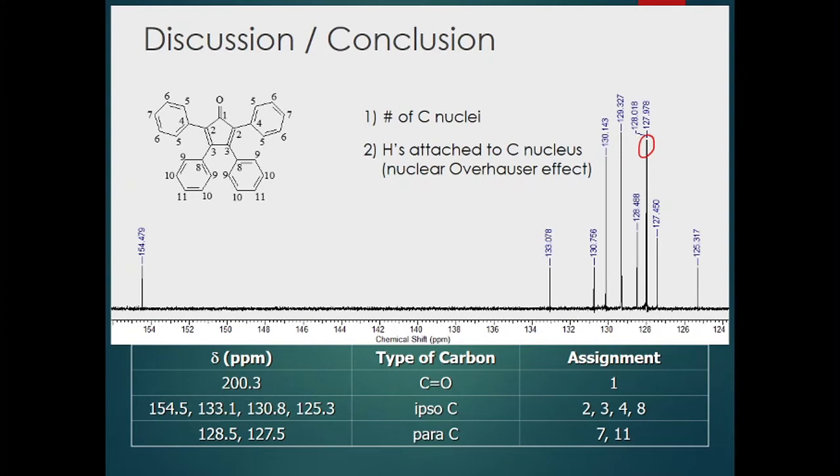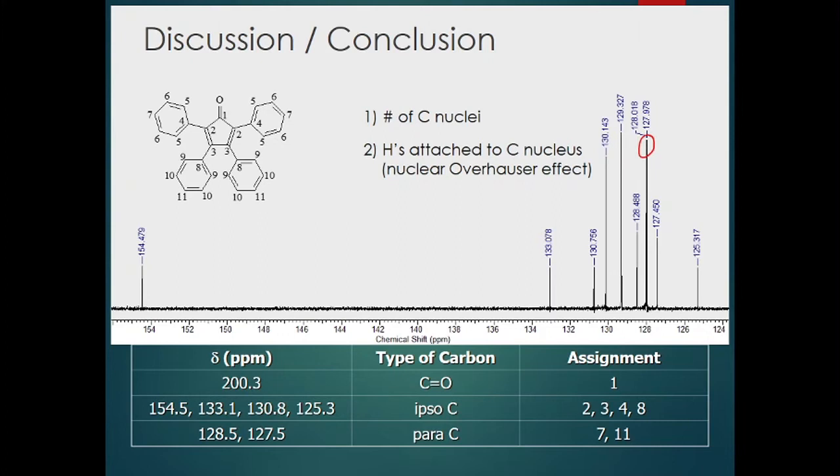If we had a peak, for example, the two that are right there at 128.0, if those two were overlapping, we would have one peak, and it would represent 8 carbons, meaning it would be twice the size of the others. So we could look at it and say, well, the peaks at 128.5 and 127.5 represent 2.